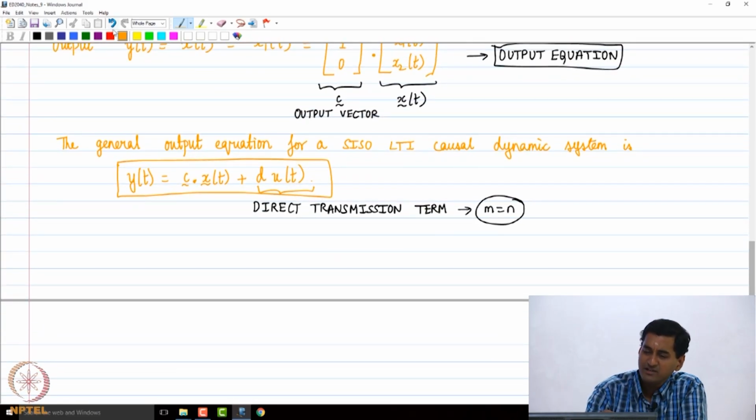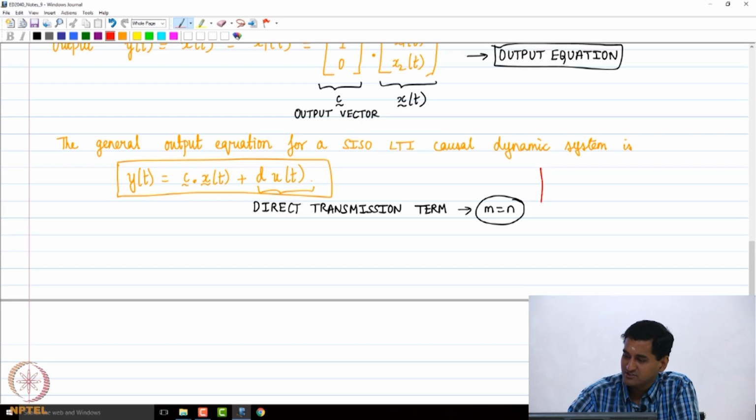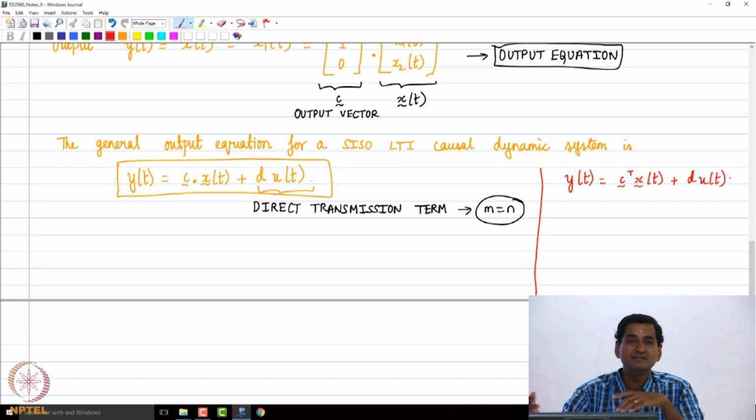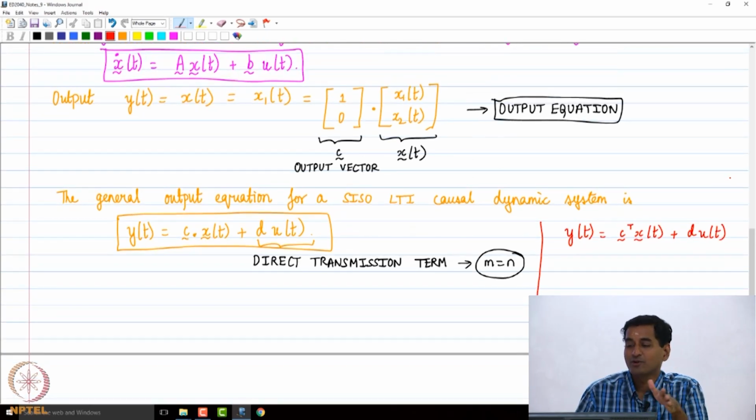Of course, at this point one aside which I should say is that almost all textbooks and references in controls would write this output equation as y of t is equal to C transpose x of t plus d u of t. Okay, because they take the output vector to be a row vector, so that it is a matrix operation, right?